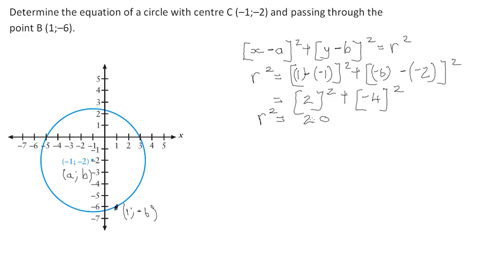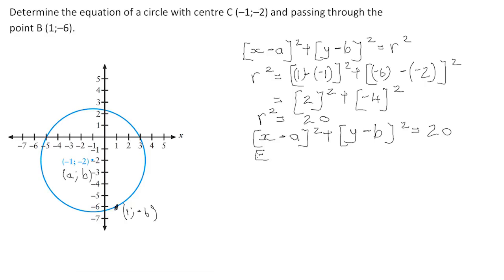Very, very important to note now, our equation will be in the form (x minus a) squared plus (y minus b) squared. And immediately now we can substitute the calculated r squared value.